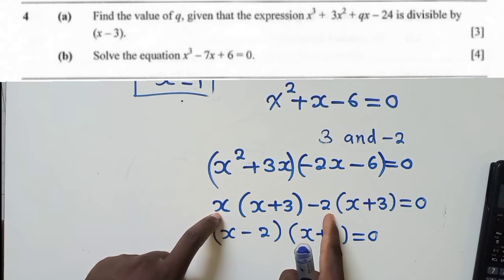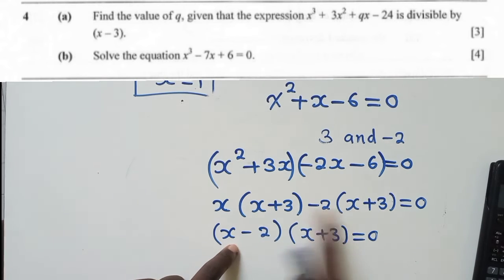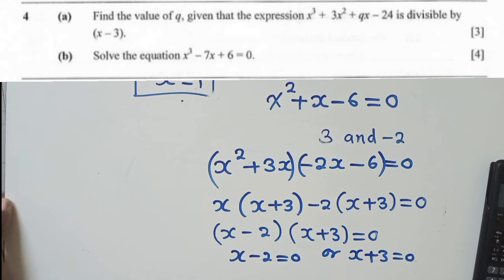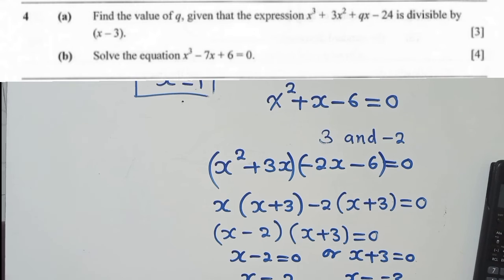And then you get this and this, you write it there, and then one of these, you write it here. So we shall say x minus 2 is equal to 0, or x plus 3 is equal to 0, which shows that x will be equal to 2 and x will be equal to negative 3. So these are the solutions.